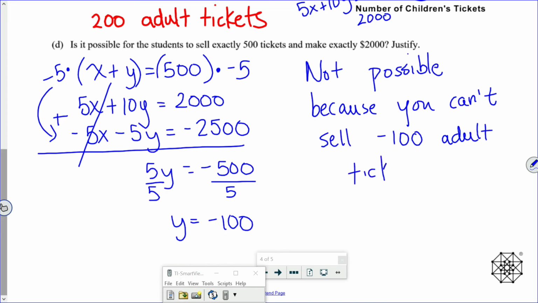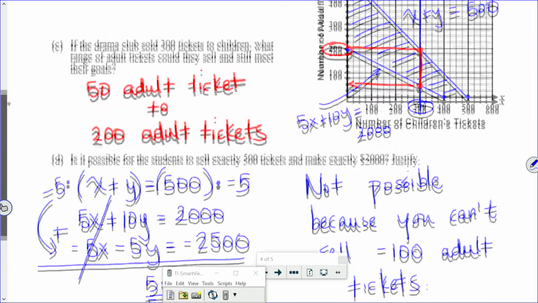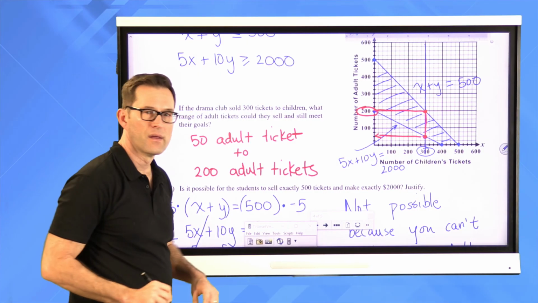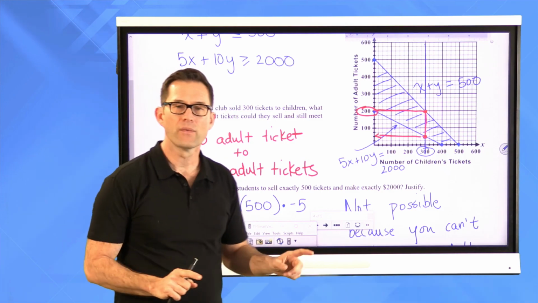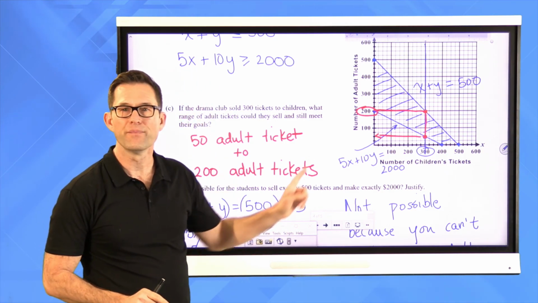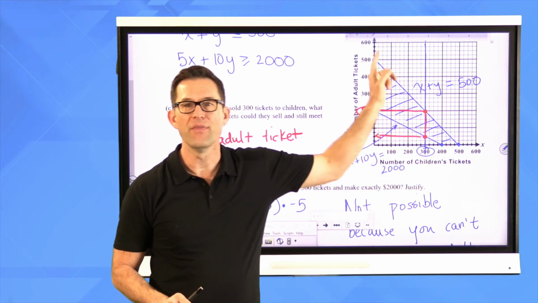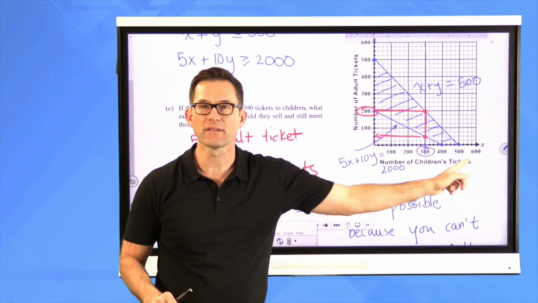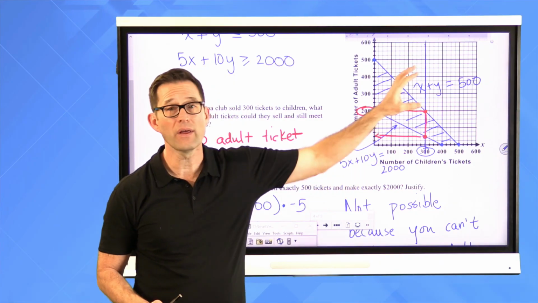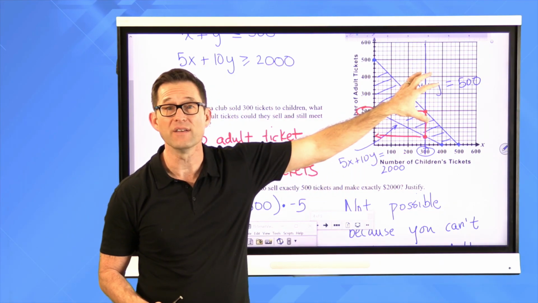Now, one last thing before we leave this. Really, what I'm doing in that last problem is trying to figure out where this line and this line intersect. And notice, they don't intersect anywhere in this quadrant.